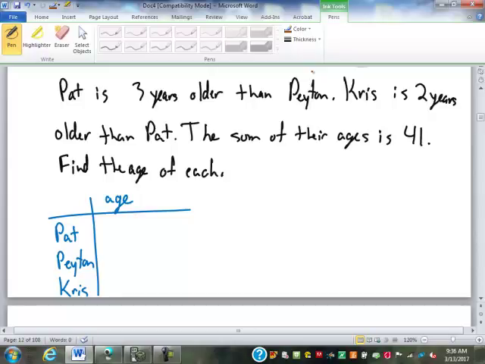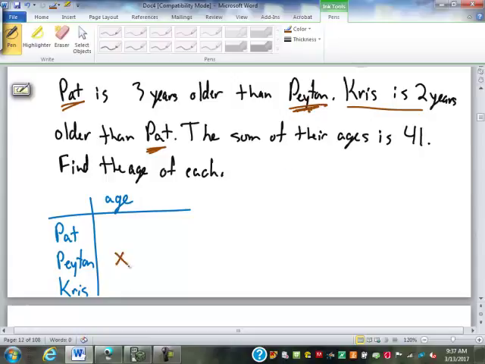Chris references Pat. So no, there isn't one that both of them are referenced off of here. So you have to think of who is referenced first in line. What I mean by that is, okay, Chris's age is referenced off Pat, but Pat's age is referenced off of Peyton. So Peyton is really where this all starts.